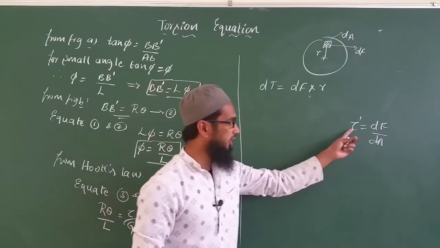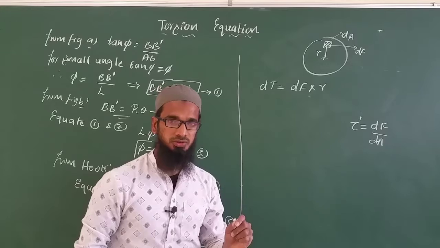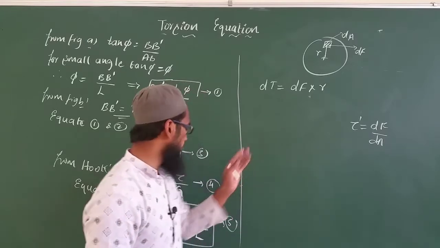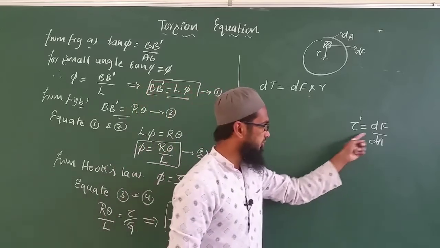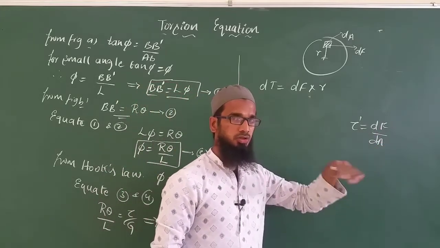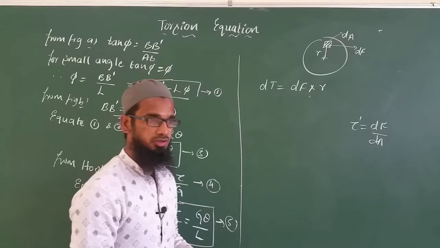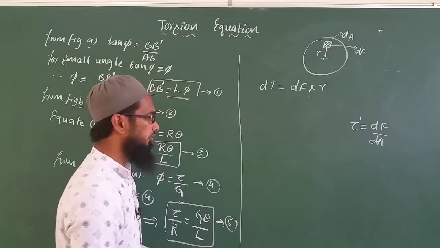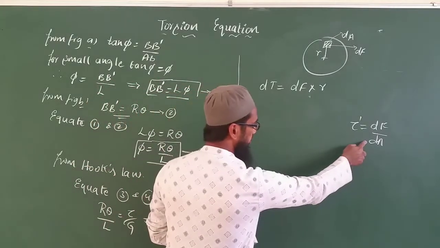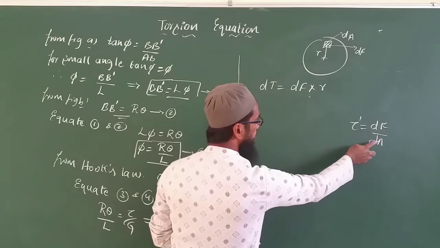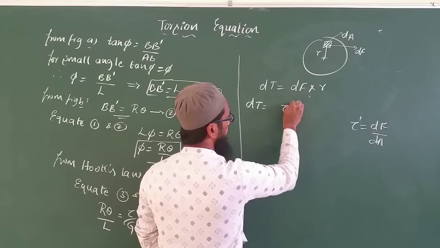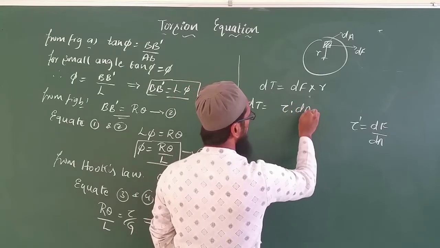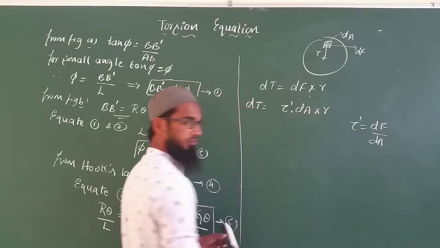So I have mentioned tau dash as the shear stress for a differential element. If I take only tau here, this is the shear stress for the entire section. Now tau dash is equal to force by area, like the general stress equation, stress is equal to load by area. Okay, from this equation if you cross multiply, we get dF is equal to tau dash into dA. Therefore dT is equal to tau dash into dA into r.